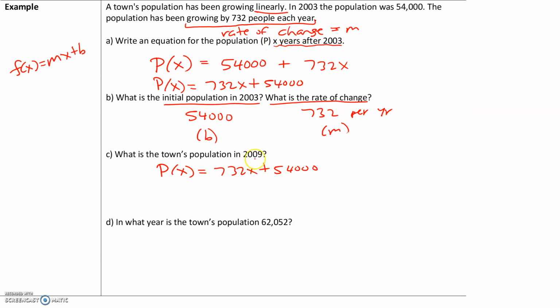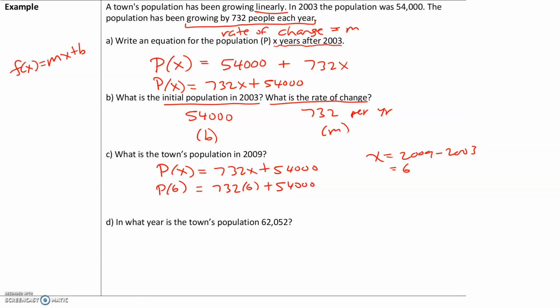So in 2009, the value of x is going to be 2009 minus 2003. It's the number of years since 2003. So in other words, x equals 6, because in 2009, 6 years have passed after 2003. So we're going to say, what is the population 6 years after 2003, which is 2009? So this will be 732 times 6 plus 54,000.